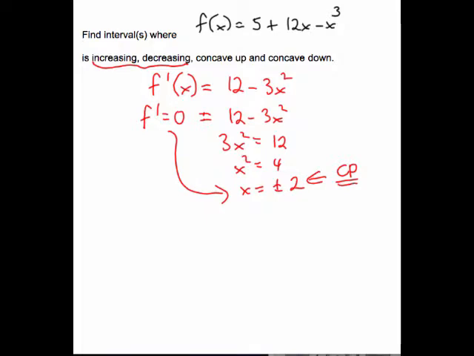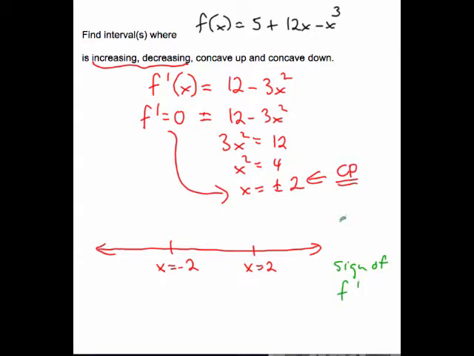Now to figure out whether the function actually does, I'm going to analyze this through a number line, and we're going to use this format quite often. What we're looking at is comparing the sign of the first derivative to the effect on the original function. We need to know where the first derivative is positive or negative.